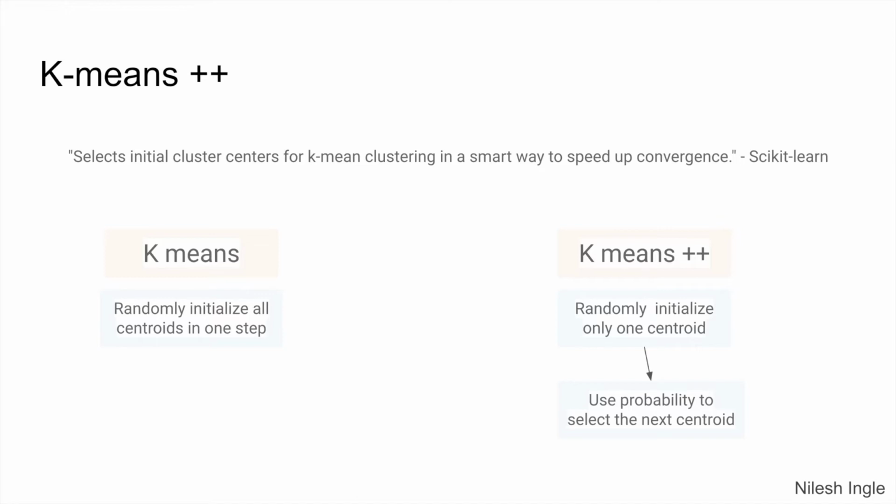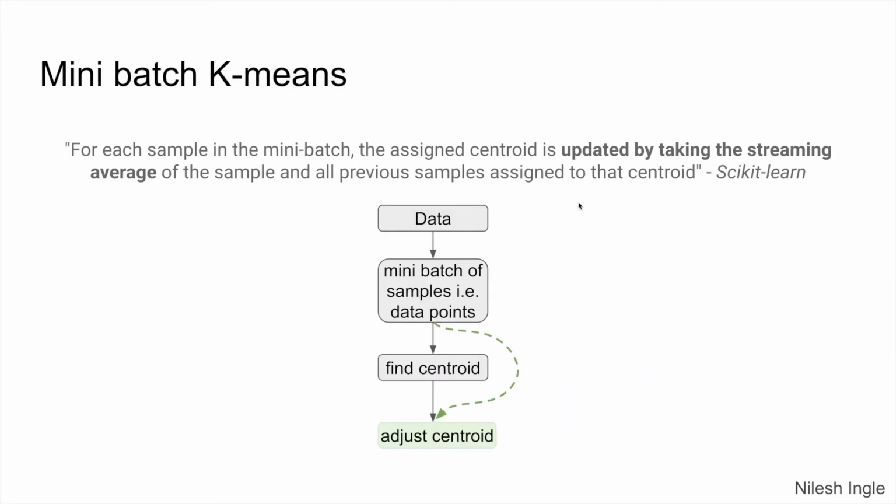So that's the main difference between k-means and k-means plus plus. This way of assigning centroids apparently makes the algorithm faster.